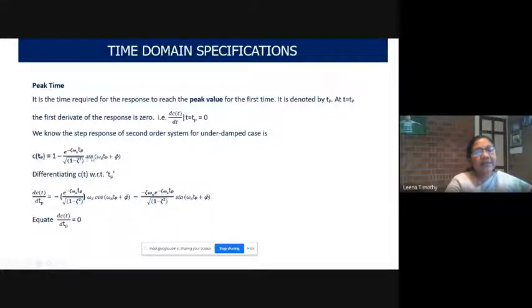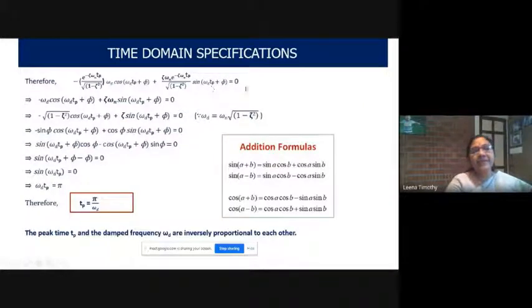Then write this term as such, sin of omega d Tp plus phi, and here e raised to minus zeta omega n Tp divided by root of 1 minus zeta square, into minus zeta omega n. Equate it to 0 in order to get the peak value.